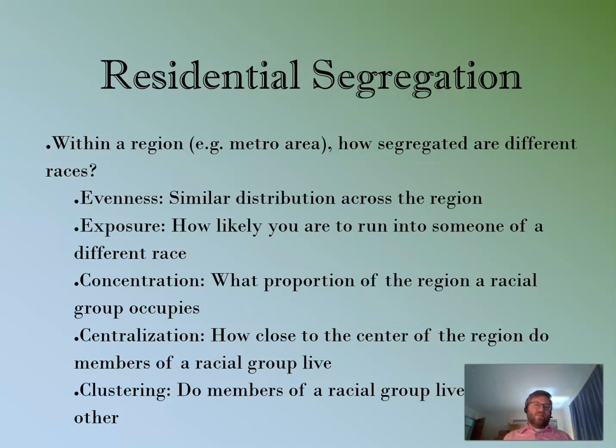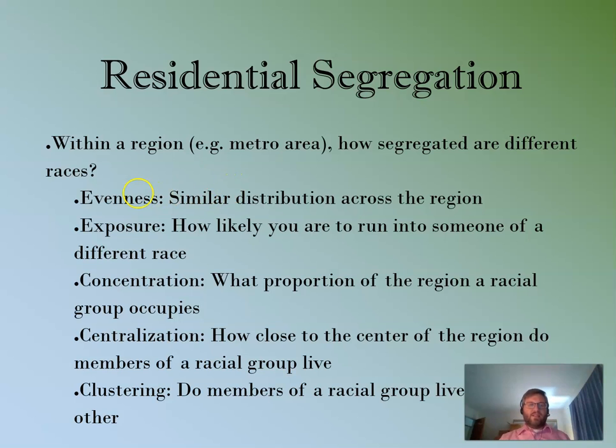We can look at centralization, which is how close to the center of the region members of a certain racial group live. Historically, the pattern in American cities is often to have people of color, especially black people, towards the center part of the city, and then white people out into the suburbs.